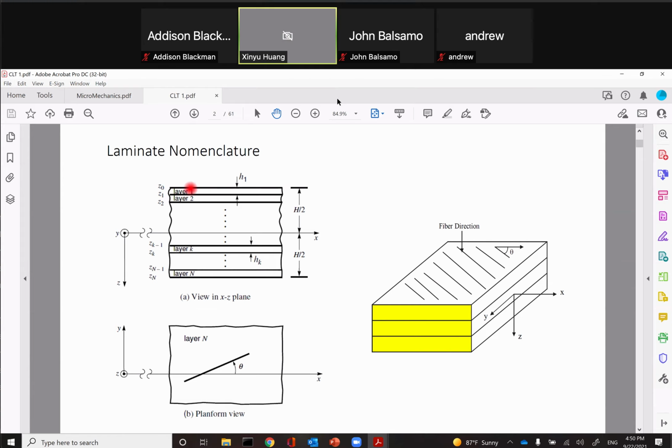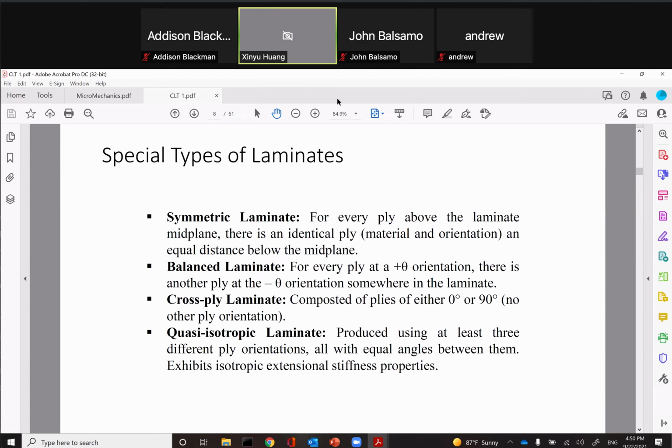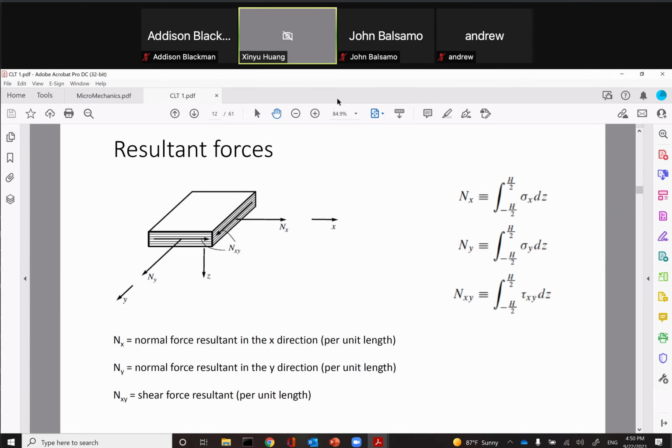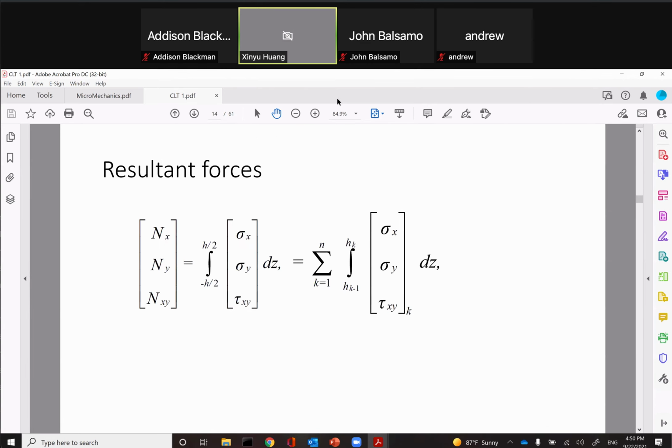This integration can be broken down into integration over each layer, and you sum those integrations together. You integrate from z0 to z1, you sum another integration from z1 to z2, right? It's the same thing. You just break it into different intervals. And that's what this is. This is a total integration from top to bottom of the plate. This breaks that integral into different intervals.